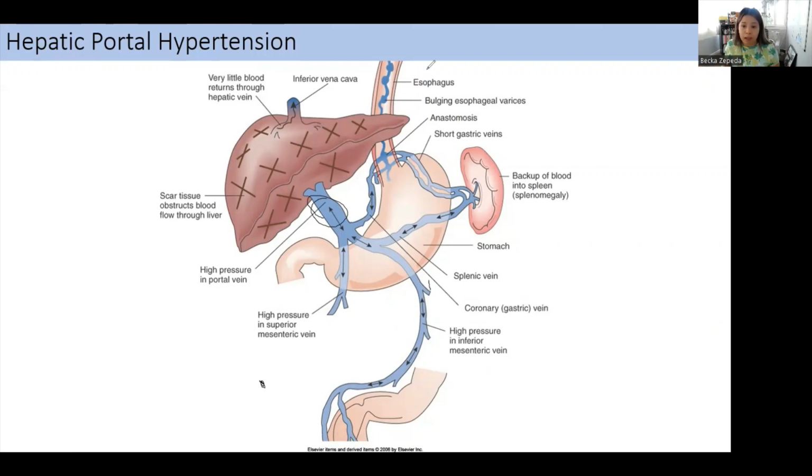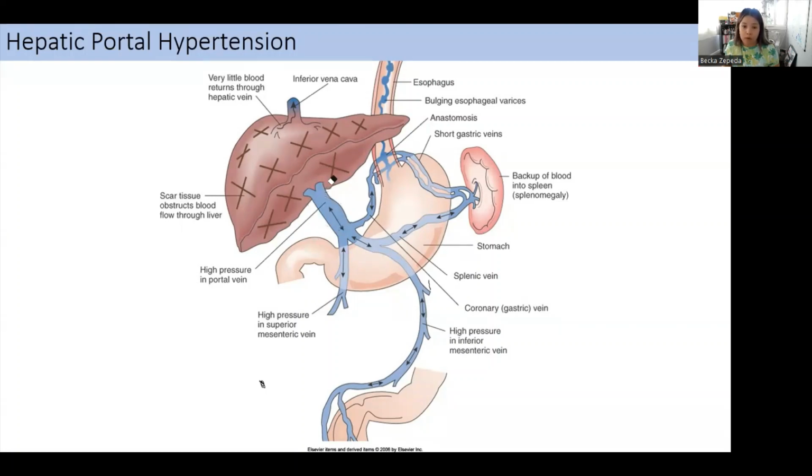So very little blood is getting through the liver and returning through the hepatic veins, again, just because the liver is damaged. So then you have a backup of blood in the hepatic portal veins and the veins leading to the hepatic portal vein. Because of this backing up, it's going to cause varicosities.